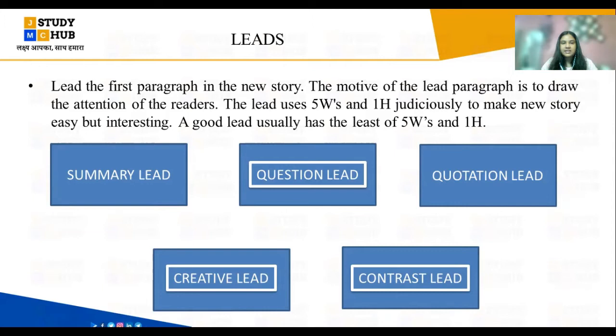So it is basically the summary of what actually happened that comes into the first paragraph. When a person reads that lead, he will have a more or less picturization of what actually happened, right?